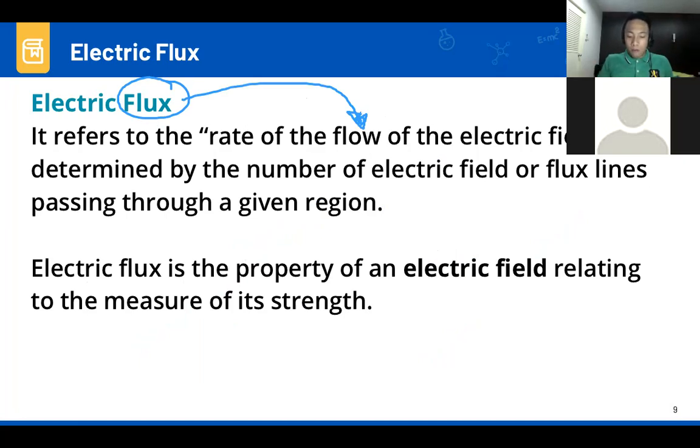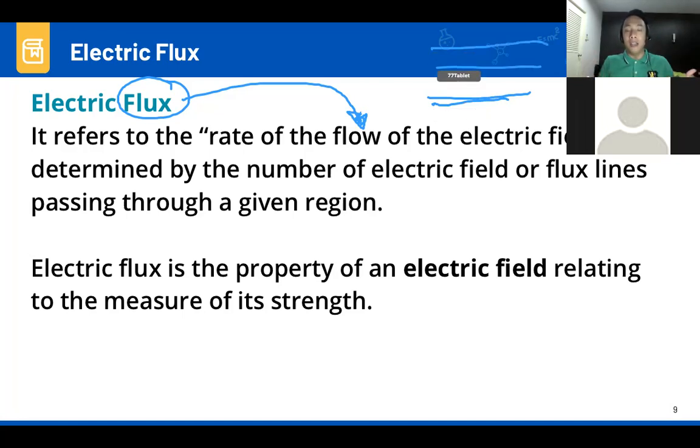The rate of the flow of the electric field as determined by the number of electric field or flux lines passing through a given region. For example, we can calculate the flow of electric field lines in different objects, like a wire. We have a small wire and a wider wire.